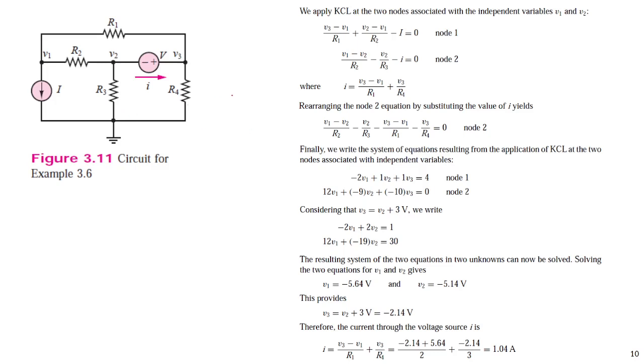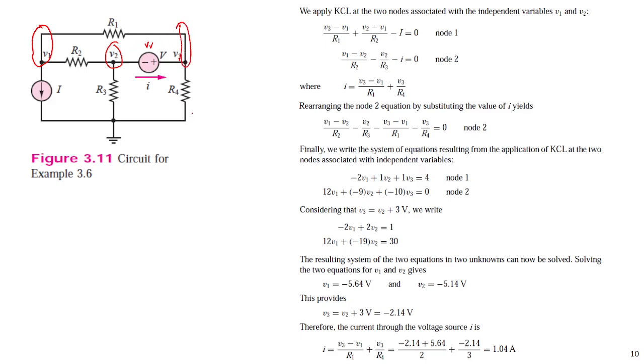Then apply KCL. We have nodes V1 and V2. In this case, we have a voltage source here, then V3. VT will be filled in later.